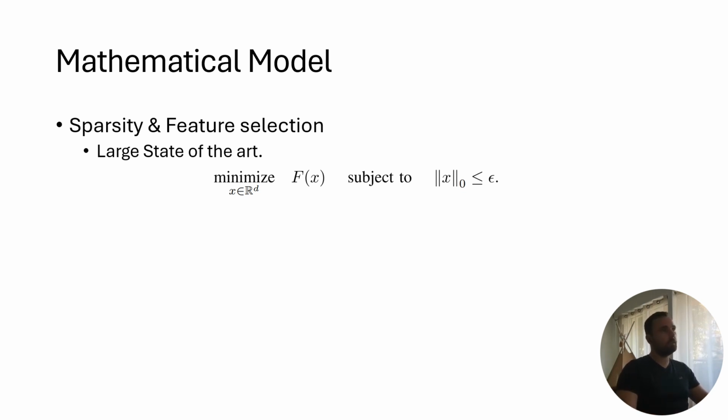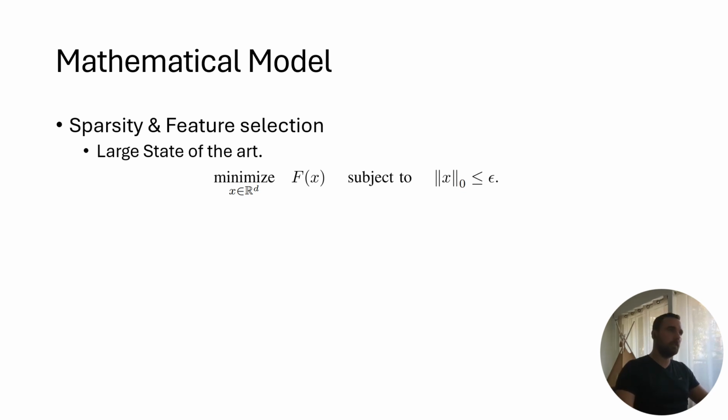For sparsity in particular, you can think of this problem where you want to minimize a function f of x, where x is a vector containing all the weights of the machine learning model that you are currently training, such that the L0 norm, the number of non-zero entries of your vector, is bounded by epsilon. So epsilon is the number of non-zero entries that you accept while training your model. This is the basic definition of sparsity.